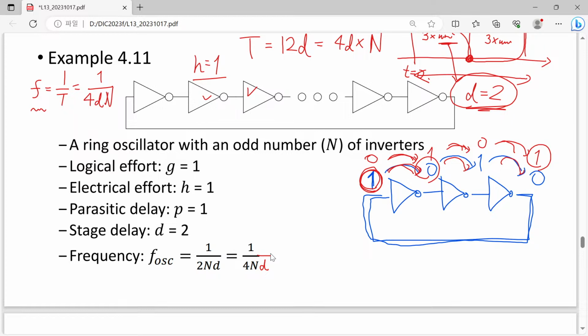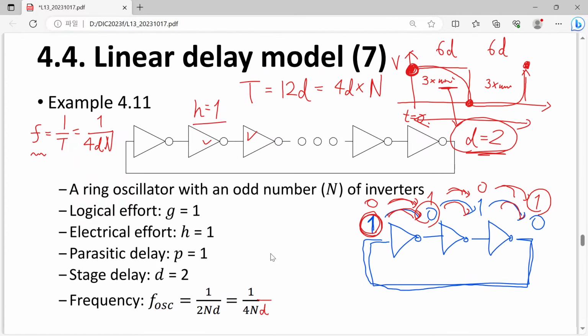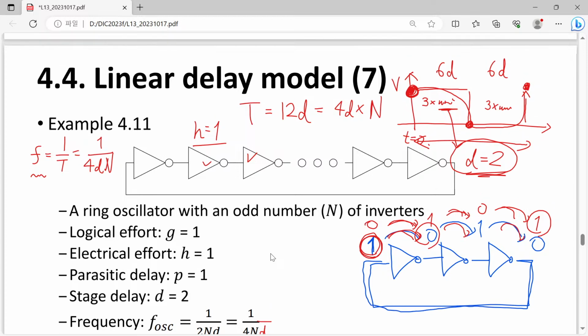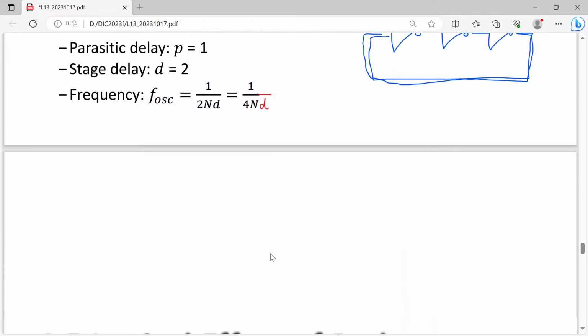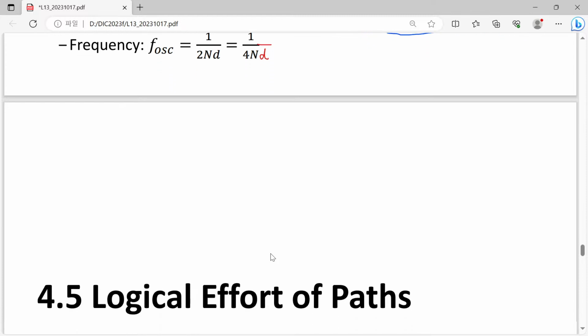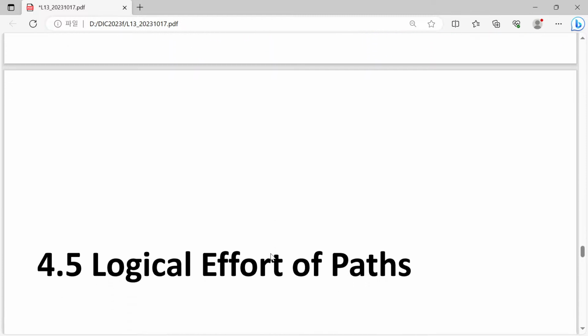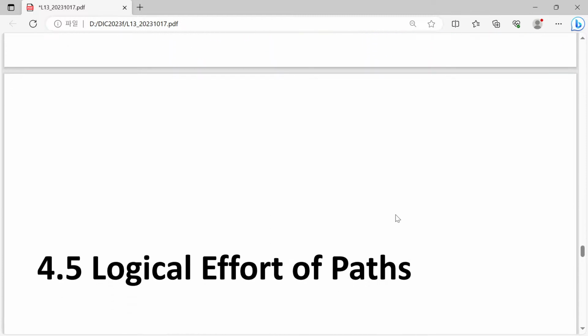Oh, sorry about that. We have already spent 4 more minutes. So sorry about this delayed end. But anyway, this is the end of our 4.4. Up to now, we have just considered a single stage, but in the last lecture before our midterm examination, we will cover this 4.4.